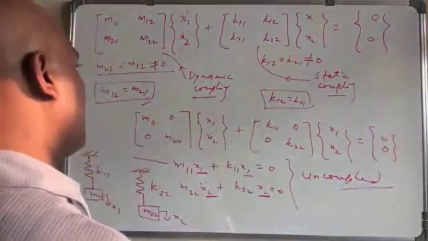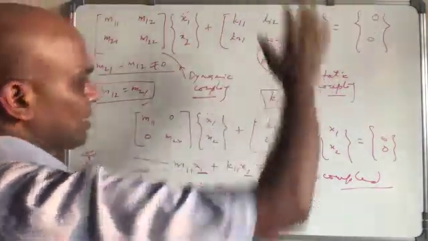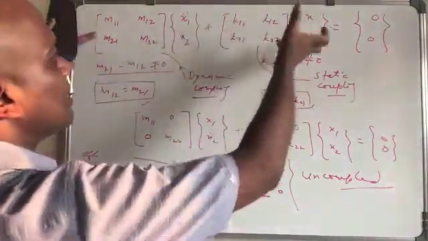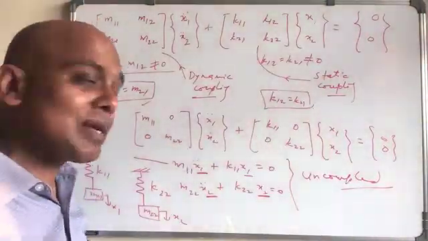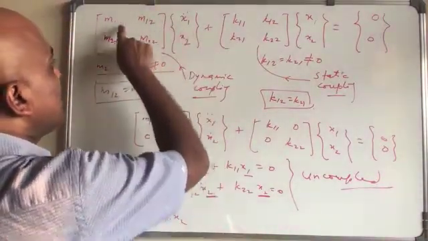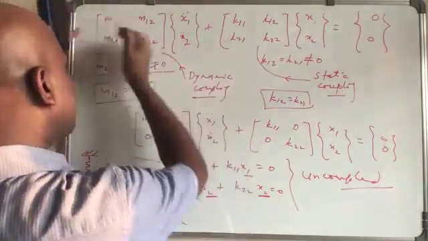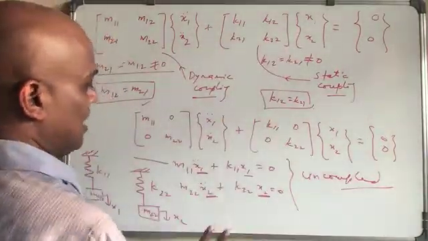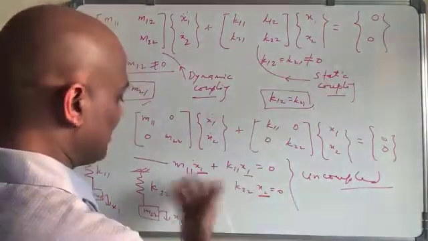So the question is, is it possible to somehow convert this coupled equation into an uncoupled equation? That really means, how do we make this matrix a diagonal matrix, and this one also a diagonal matrix? Once we have that, we can solve it very easily.